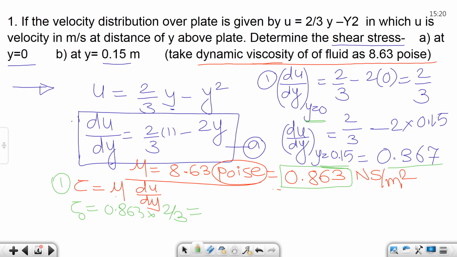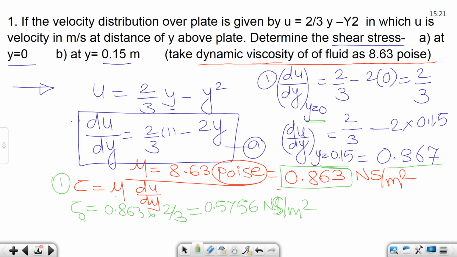So your first answer, the shear stress at y is equal to 0, tau 0, is equal to 0.5756, and the unit will be Newton second per meter square.